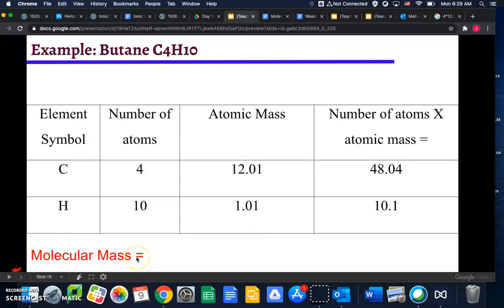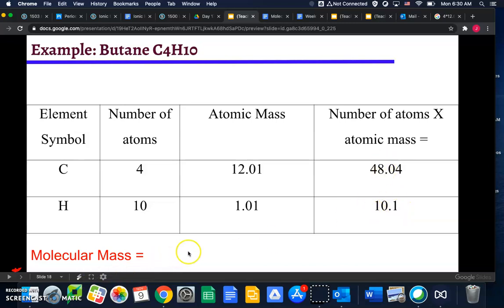Molecular mass. The way we calculate the mass of this entire molecule is we add up the mass of all the different atoms. So all the carbon atoms weigh 48.08 atomic mass units. All the hydrogen atoms weigh 10.1 atomic mass units.